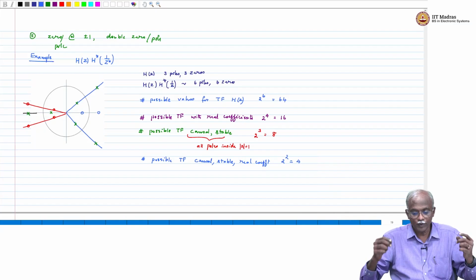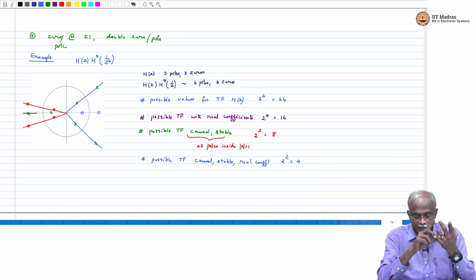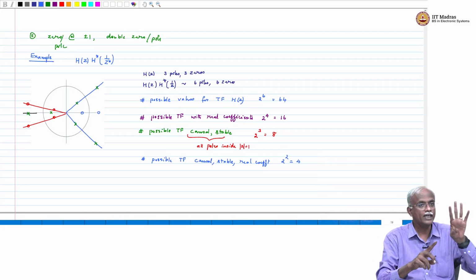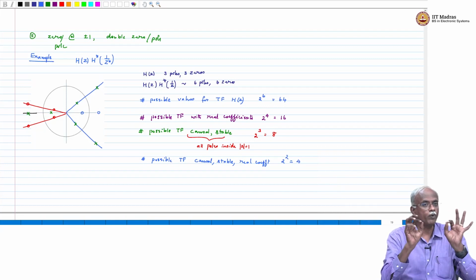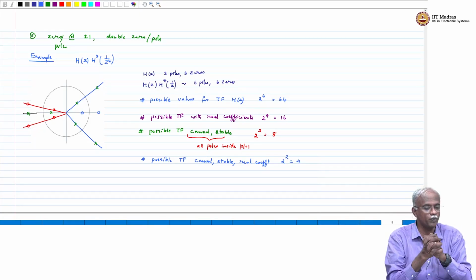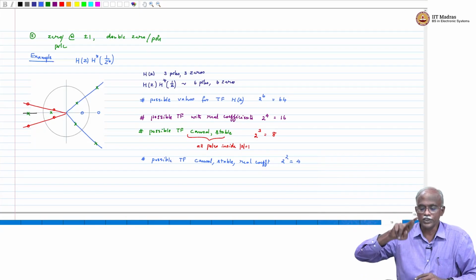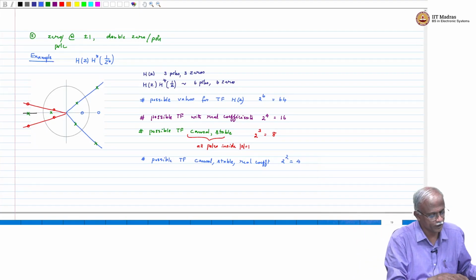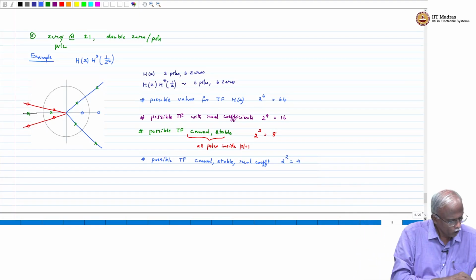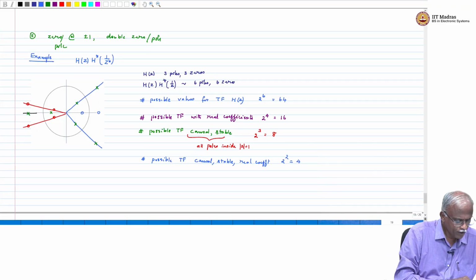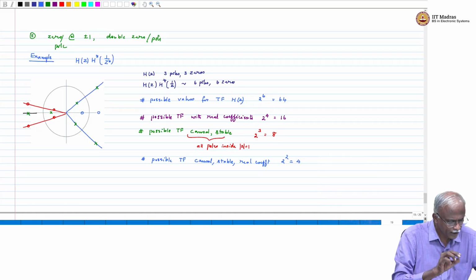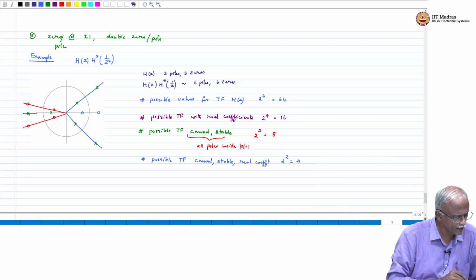Now if we impose the condition that it should be causal, stable and real coefficients, then you get only a total of 4 possible transfer functions which will satisfy the same magnitude squared response, but at the same time will be causal, stable and will have real coefficients. Okay, I hope you are comfortable with that. This is something that I would like you to think about very, very carefully and make sure that you are understanding this in a very thorough manner.